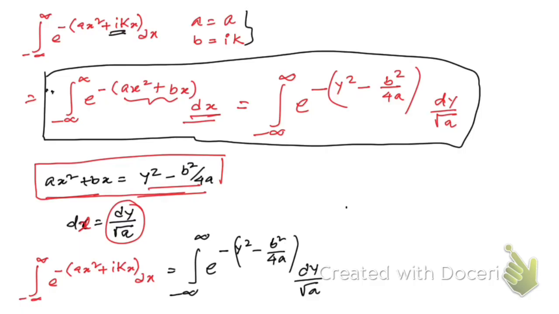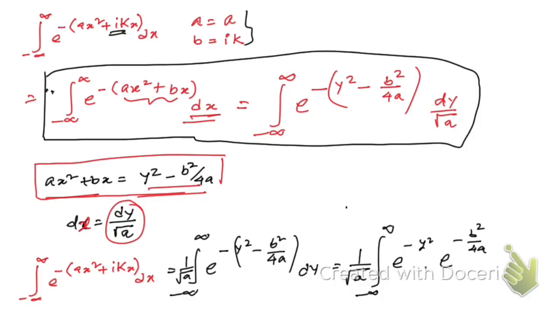Now if we put these values here, then what we're going to have, you can take root a outside the integral, so this can be written this way, 1 by root a integration from minus infinity to plus infinity e to the power minus y square into e to the power minus b square by 4a, as we already have minus here, so that's going to be plus.